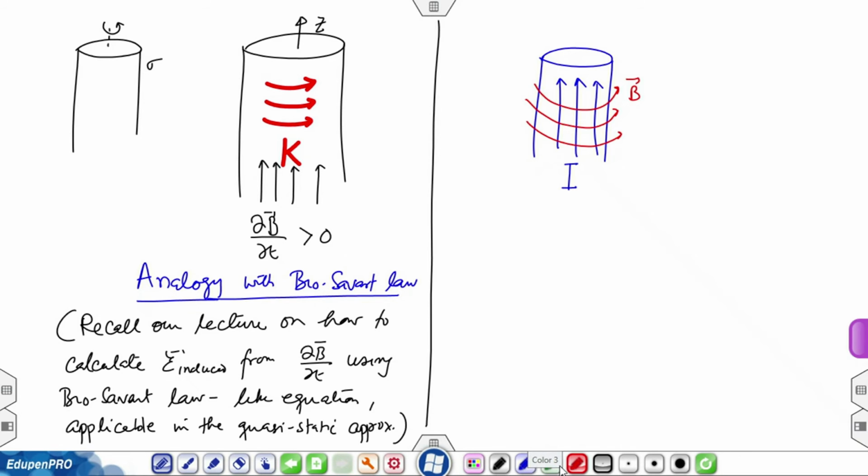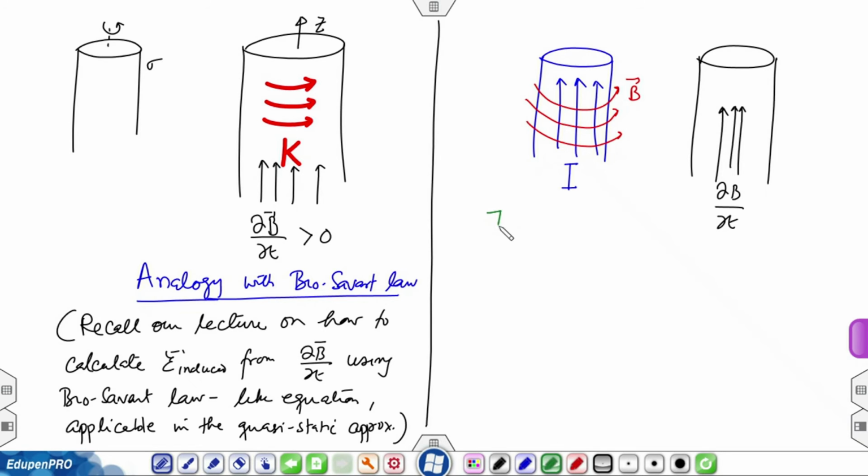What is happening in our case? In our case, I have a dB dt, which will induce an electric field. Now, remember here the equation for the magnetic field is curl of B is equal to mu 0 J, or integral B dot dl is equal to mu naught I enclosed.